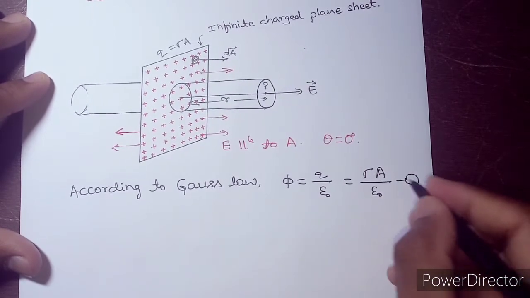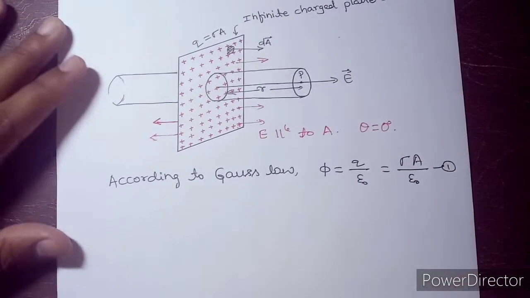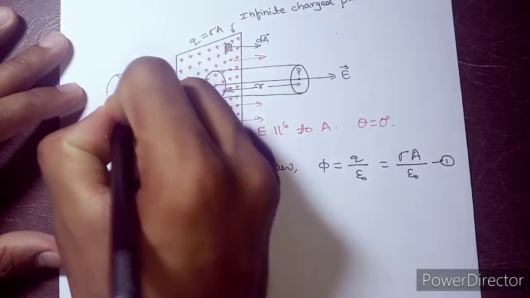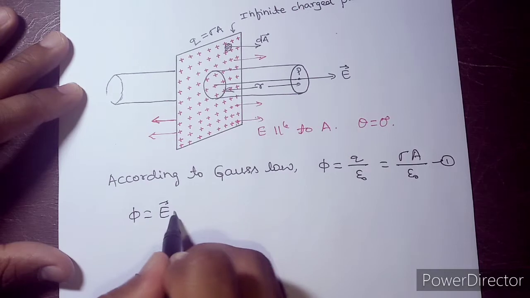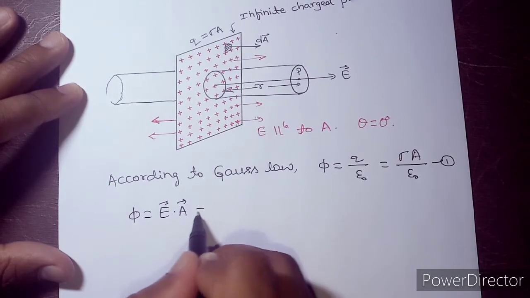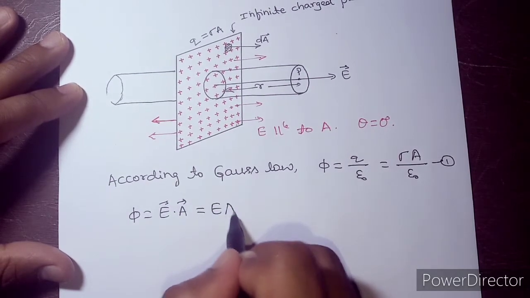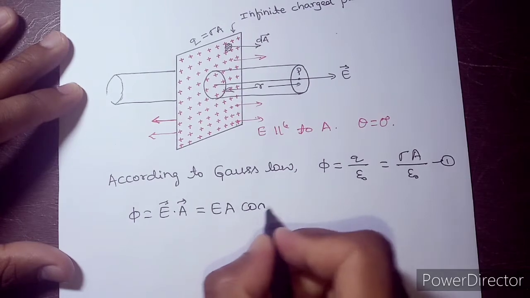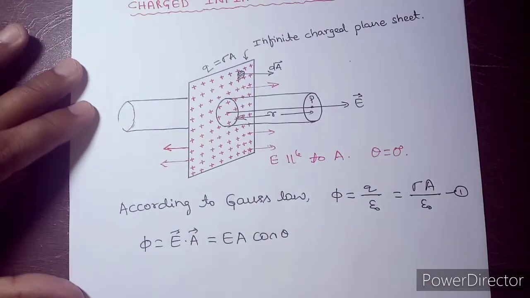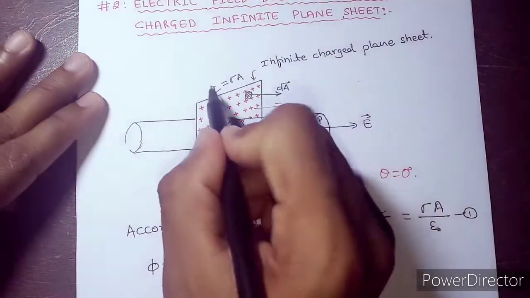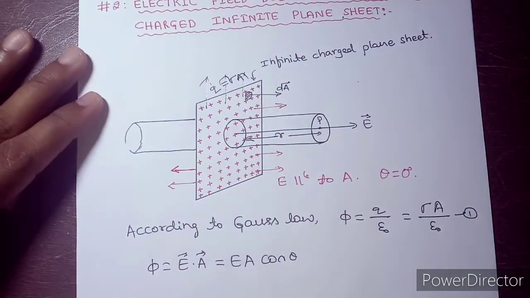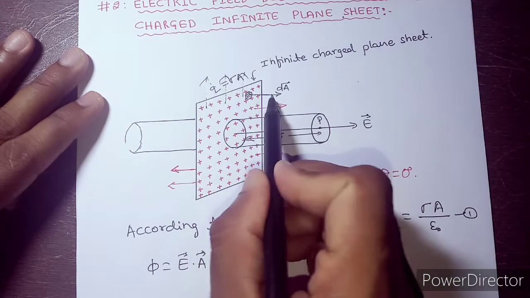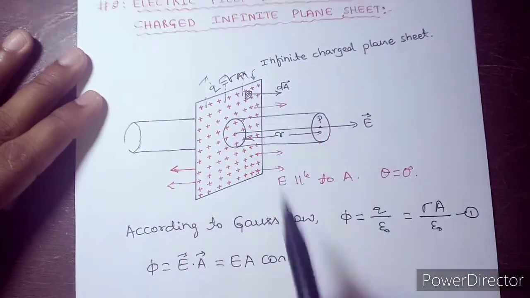Let us consider this is equation number 1, and from the equation of electric flux, that is phi is equal to E dot A, we will get E A cos theta. Actually, electric flux in this particular direction is considered 0 because the area vector is perpendicular to the electric field.